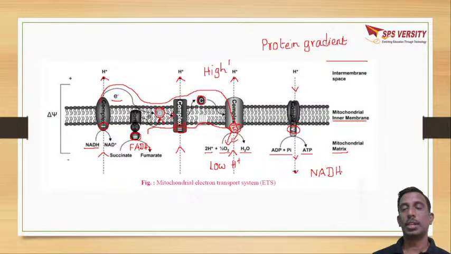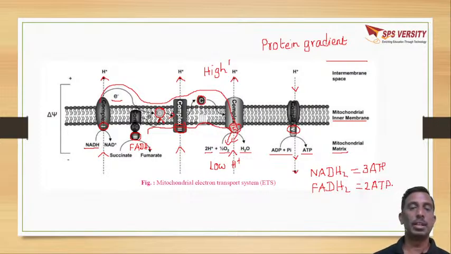From 1 NADH2, 3 ATP are formed. And from 1 FADH2, 2 ATP are formed. This is the final conversion of NADH2 and FADH2 to ATP.